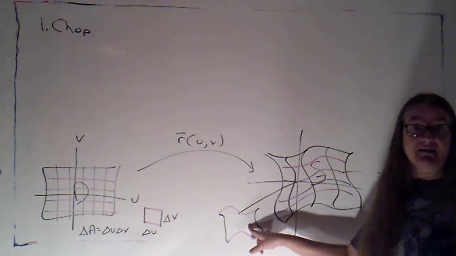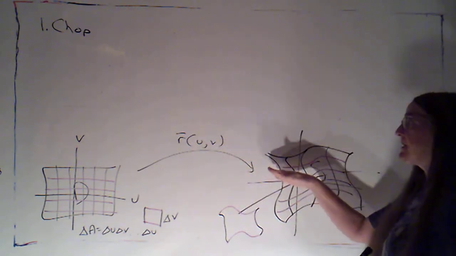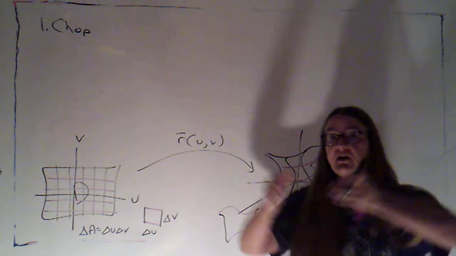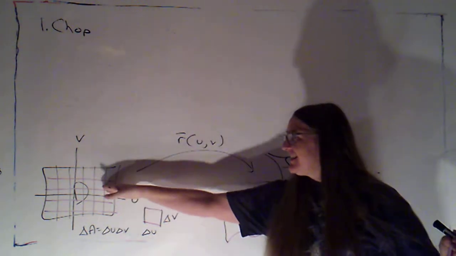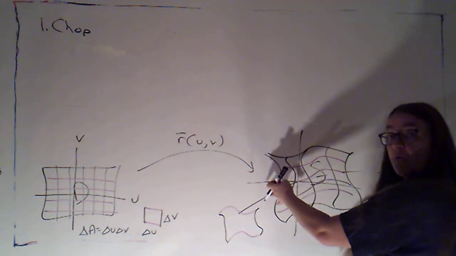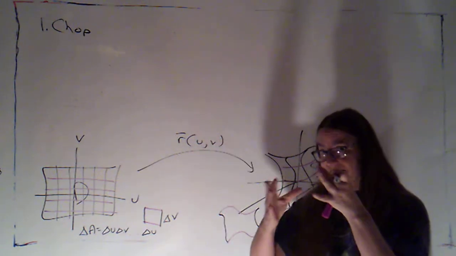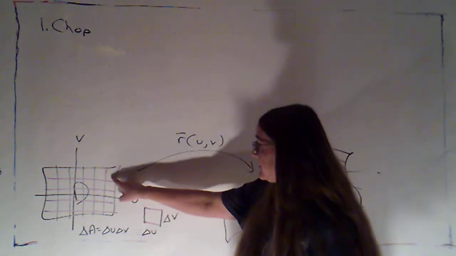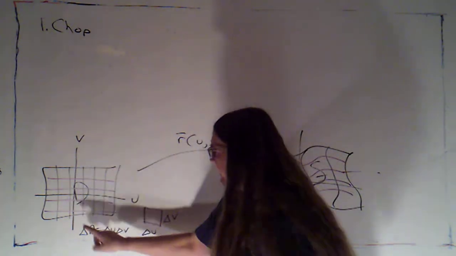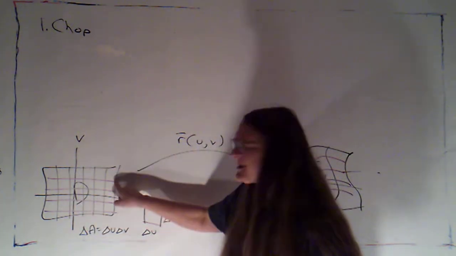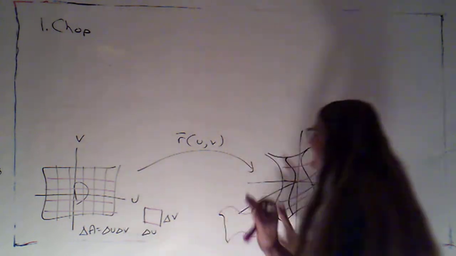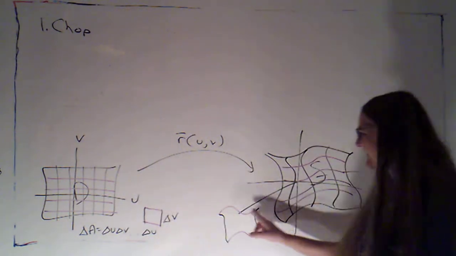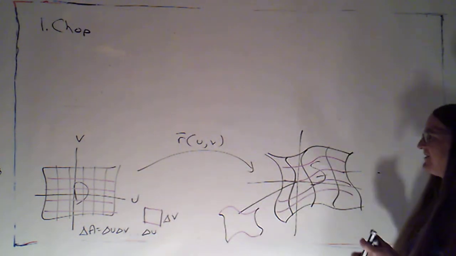These don't necessarily, because it's entirely possible that this parameterization stretches this into something that has more area or compresses it into something that has less area. And it's entirely possible that it stretches this part and compresses this part, and it stretches this part but a little less than it stretches that part. So these pieces have a constant area, these pieces do not necessarily.